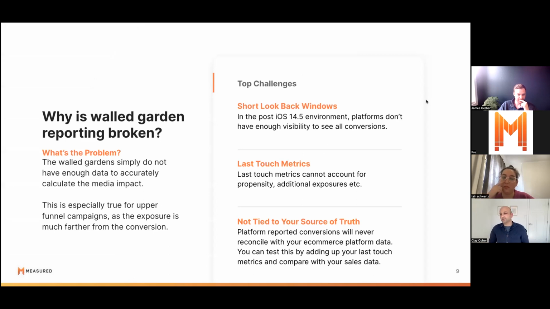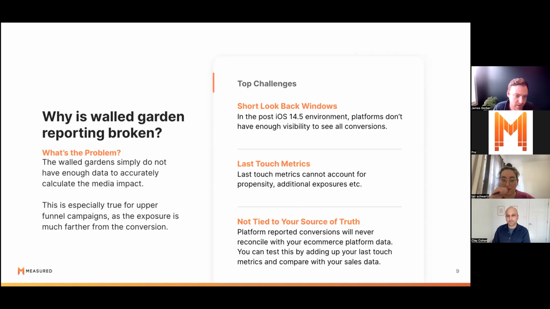All right. Moving right along, James, let's go a little deeper into why platform reporting is broken. What's the attribution problem that we're facing? What's going on? Yeah, so, very, very high level here. It's gotten hard to track people over long periods of time. And so every day that goes by, post the impression or post the click, it's harder to track that user. As a result, look back windows are shrinking.